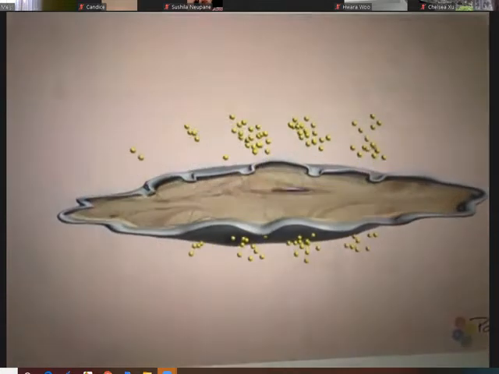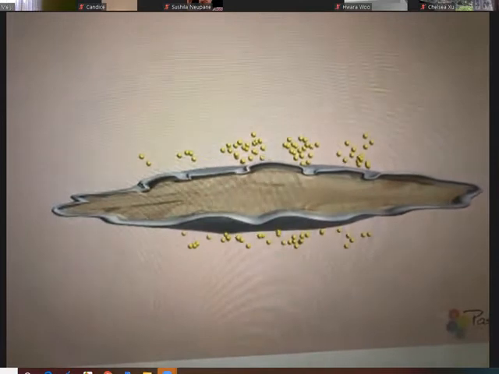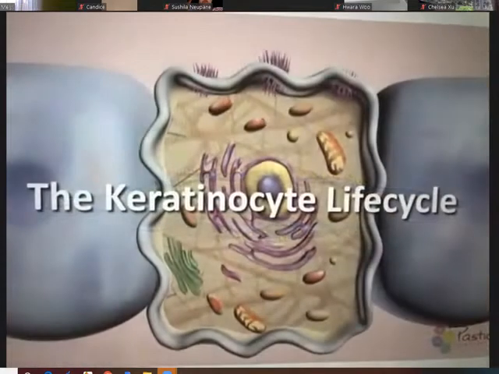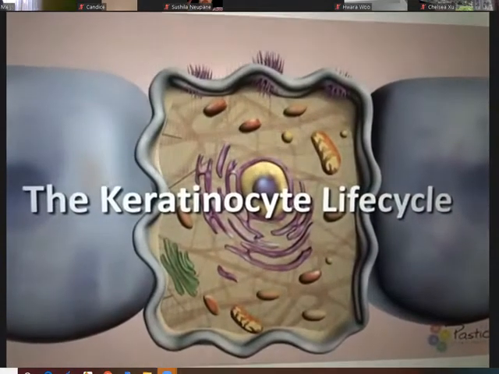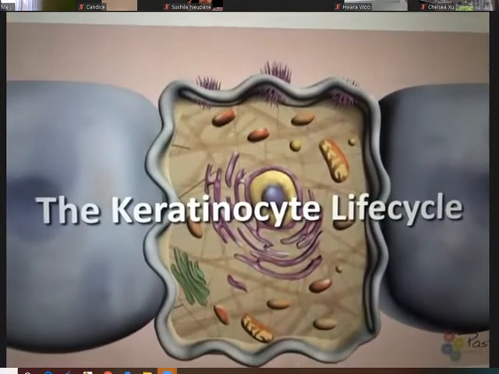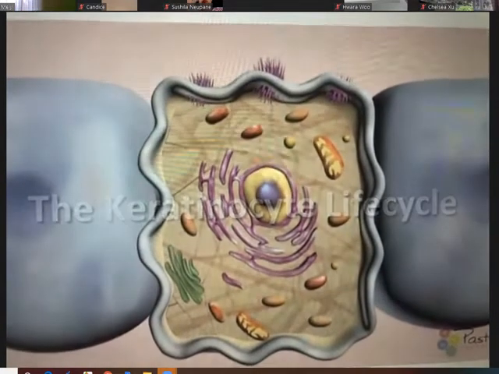During this differentiation cycle, the keratinocyte makes multiple changes in both its appearance and function, whilst forming the many lines of skin barrier defense of the epidermis. This video follows the journey of the keratinocyte from mitosis through the 5 layers of the epidermis to its final act of desquamation.